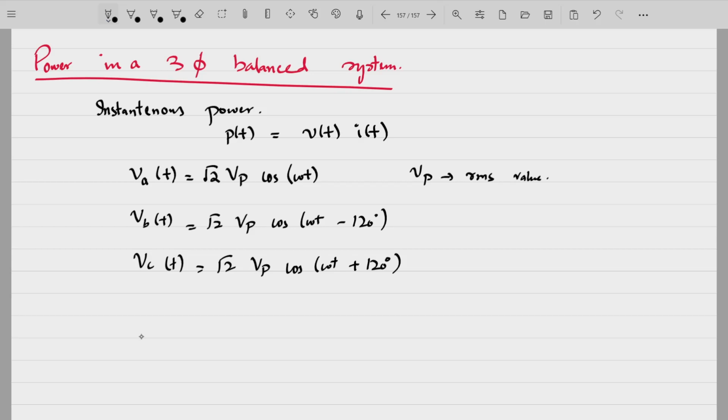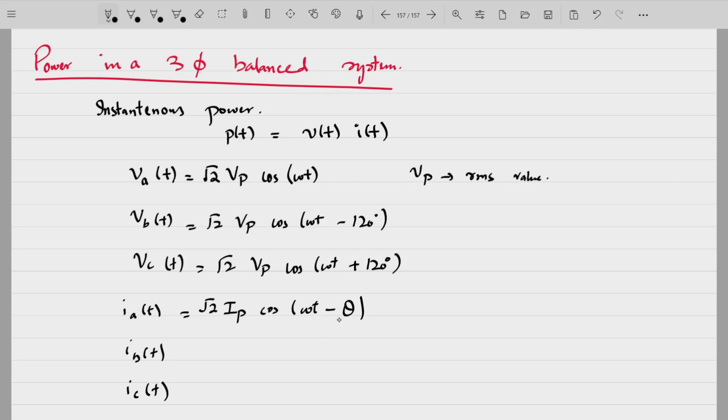Now in each phase, current will also be flowing. So we'll be having the values of ia(t), ib(t) and ic(t). Again, if we take Ip as an RMS value, this will be root 2 times Ip cos of omega t minus theta, and let us assume there is a phase difference between Va and Ia, and that phase difference is shown here by theta.